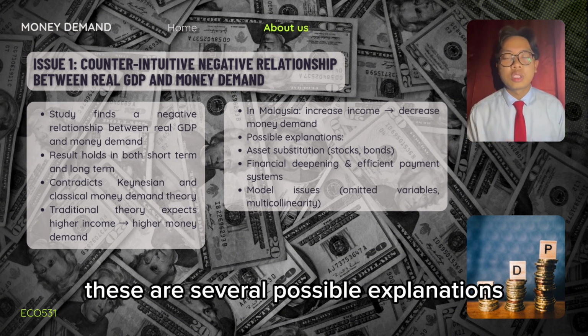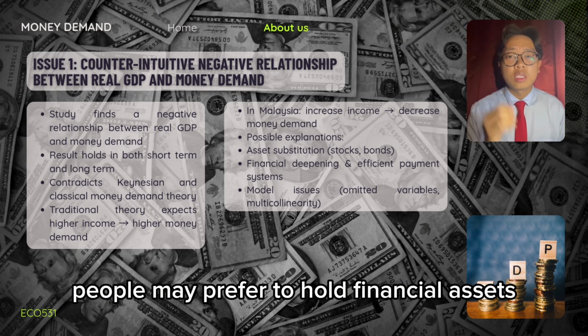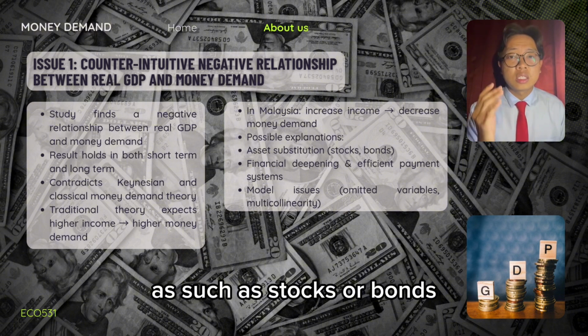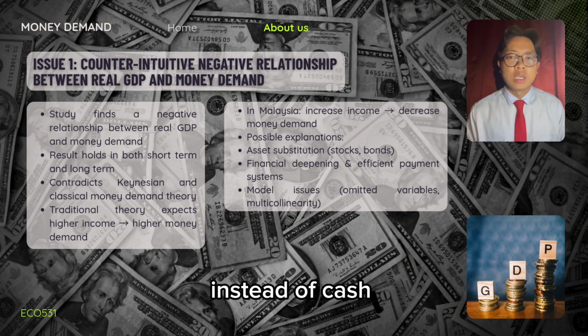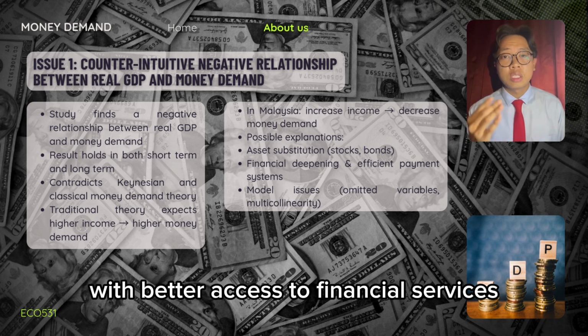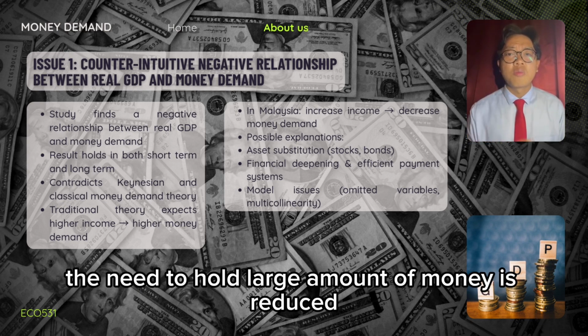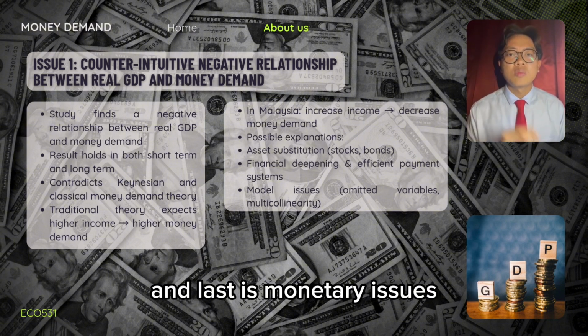There are several possible explanations. First, asset substitution. People may prefer to hold financial assets such as stocks or bonds instead of cash. Second, financial deepening and efficient payment systems. With better access to financial services and faster transactions, the need to hold large amounts of money is reduced. And last are smaller issues.